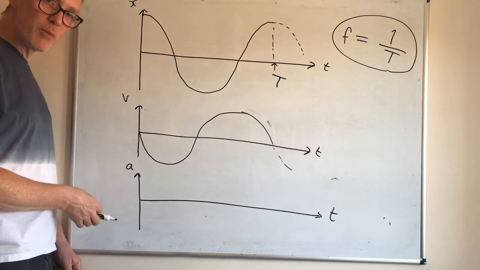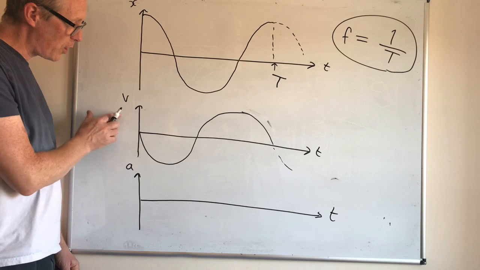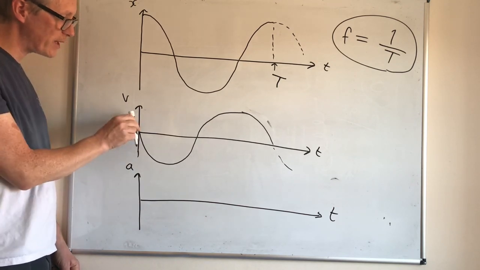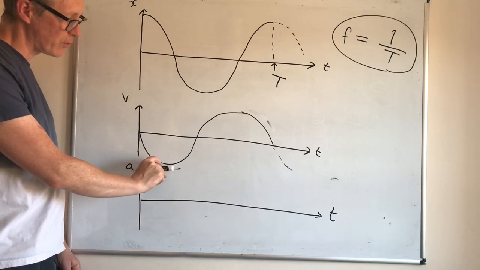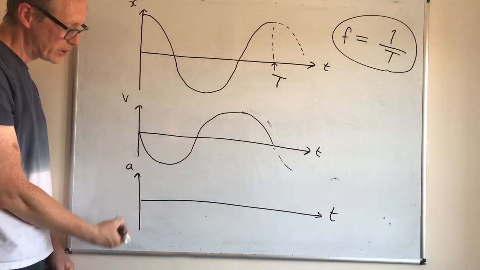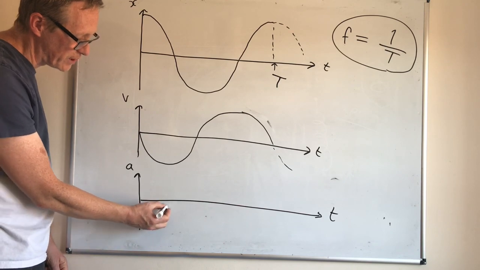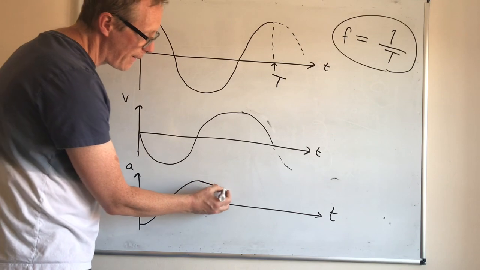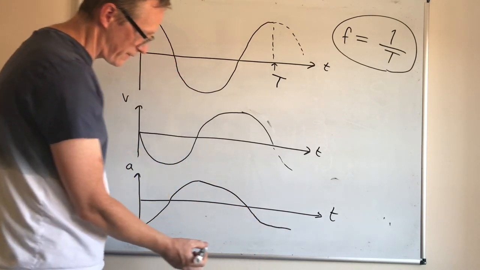Well, I hope you remember from GCSE that the gradient of a velocity time graph gives you the acceleration. So look at the gradient. Large and negative goes to 0, goes to being large and positive. So here we go, we would start off being large and negative to 0, going large and positive, back to 0, and again large and negative.